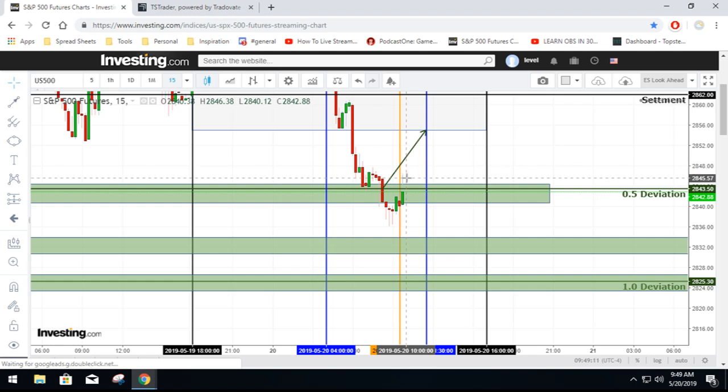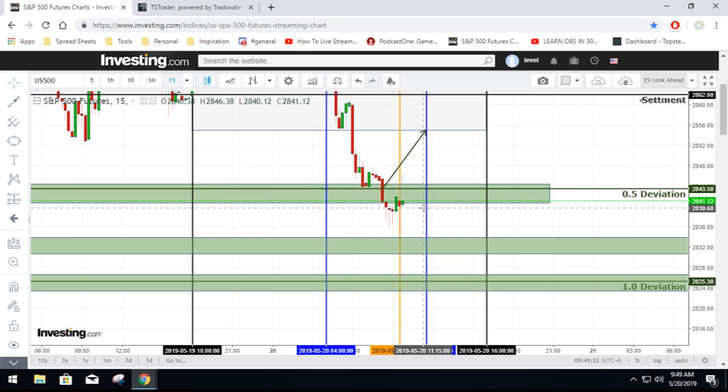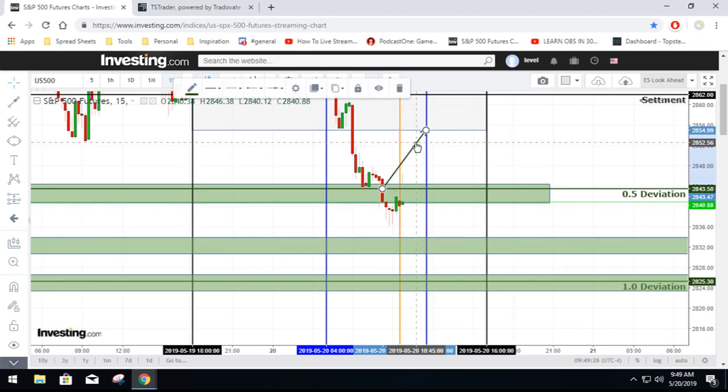So we pop up over the area of interest and back to the downside. So this is where we're looking at the initial push to the upside, push to the downside, enter the market for the upside. So the preliminary idea didn't work. There's not enough force before 10 o'clock.